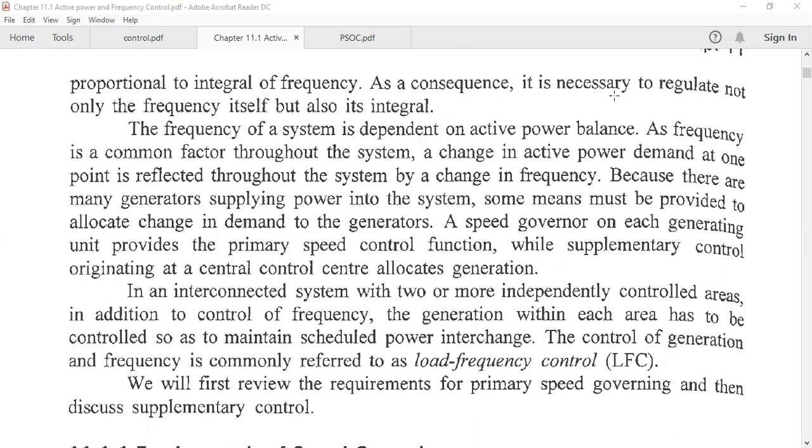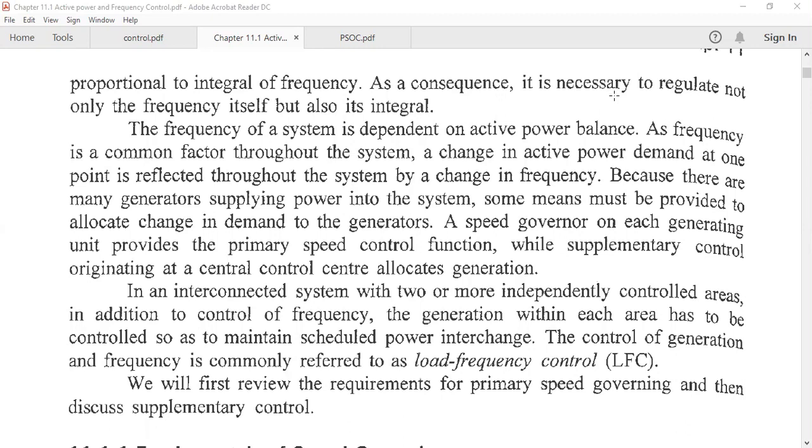Because many generators supply power into the system, some means must be provided to allocate the change in demand to the generators. A speed governor on each generating unit provides the primary speed control function, while supplementary control originates at a central control which allocates the generation.